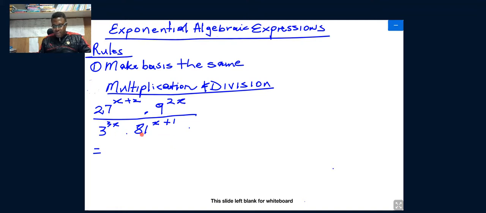When I look at these bases, I see that it is possible to have all of them with the same base. And that same base looks like a 3. How do I know? Here we've got a 3. Here we've got 81. Here we've got 9. Here we've got 27. And all these numbers are divisible by 3. So I can just convert them. I think it will be easy.